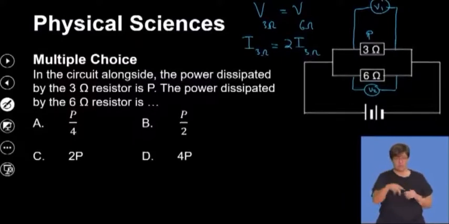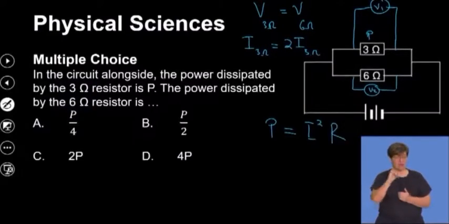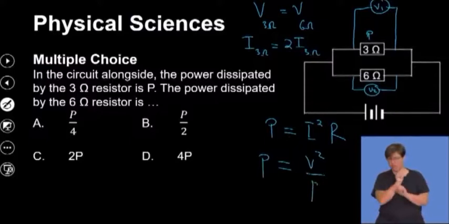The formula for power says P is equal to I squared R. So if more current goes through 3 ohms than 6 ohms, or even if we look at it in terms of P equals V squared over R.